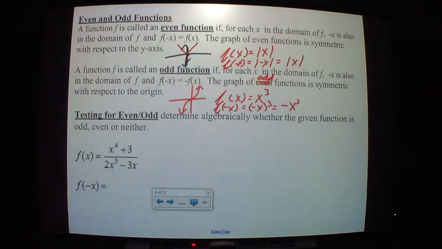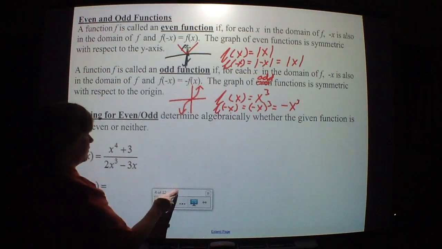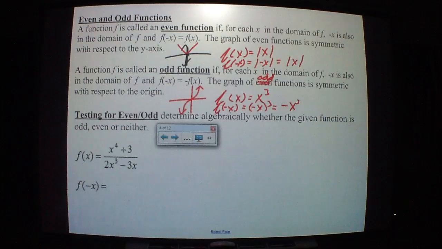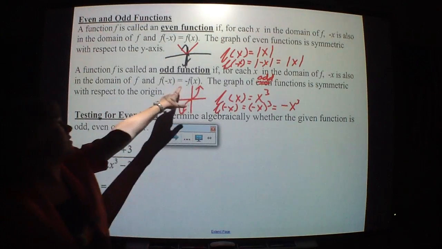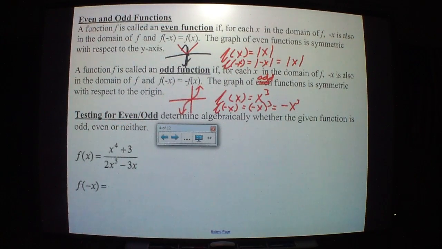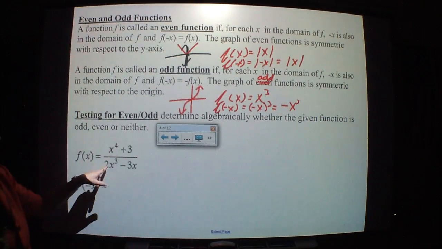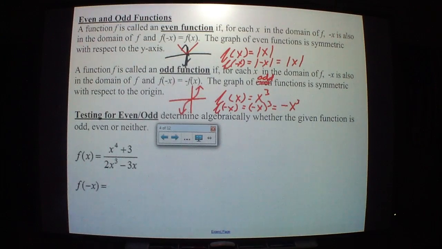Okay? So let's test a few more. I'll give you some examples up there. So I'm going to plug in a negative x. I'll see if I get to the original equation, I'll see if I get to the negative of the original equation, or I'll see if I get neither, okay? So if I have f of x is equal to x to the fourth plus 3 over 2x cubed minus 3x.